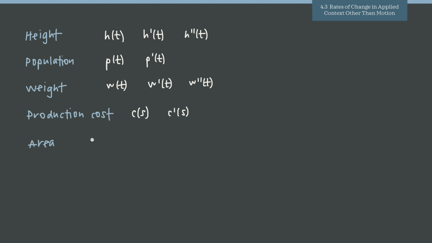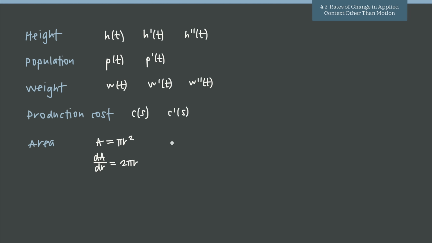So for instance, if we want to look at the area of a circle, area equals pi r squared, and we want to take the derivative of the area function with respect to its radius, we would differentiate with respect to r, and we would get dA/dr equals 2 pi r. This would give us the rate of change of the area of the circle with respect to the radius, or in terms of the value of the radius.